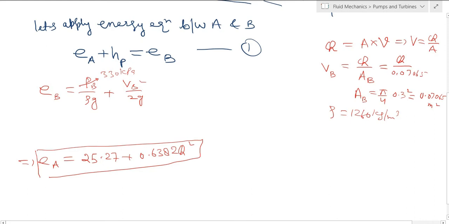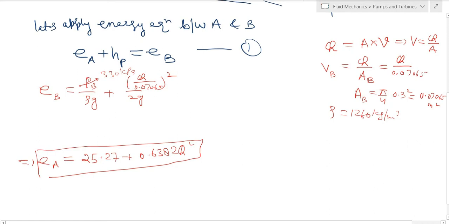So VB square is Q divided by this, all of this whole square, Q divided by 0.07065 whole square.